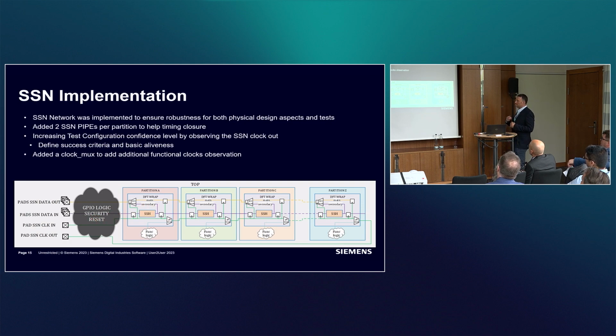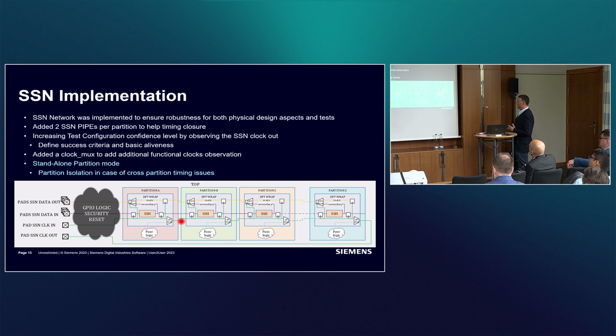So we will have baby steps to verify each partition. We'll start with the first partition and then go to the next and the next, going over all the partitions. So we can now isolate each partition and test it in standalone mode. And if it is configured with a loopback, as I said, I don't care what's going out here.